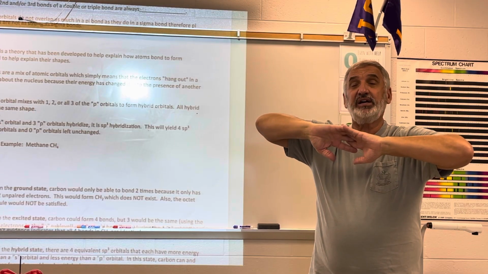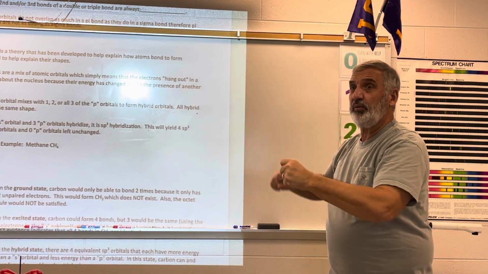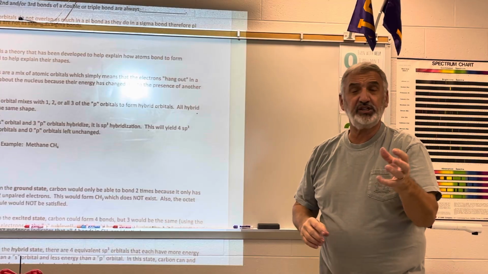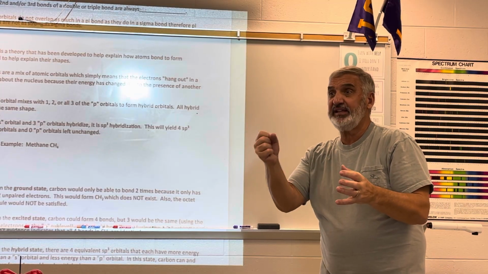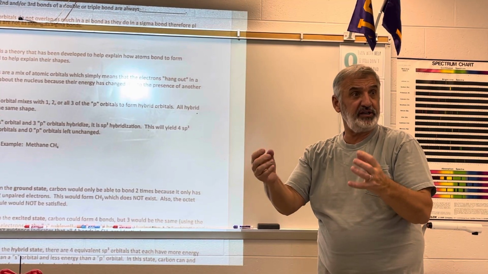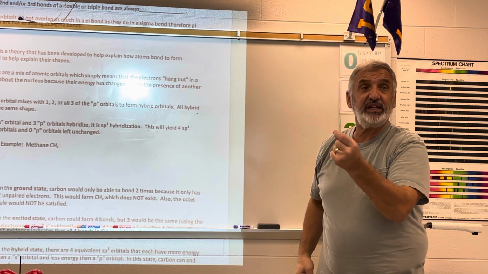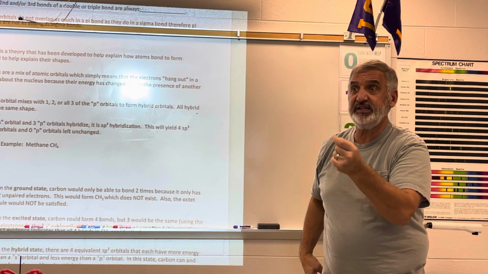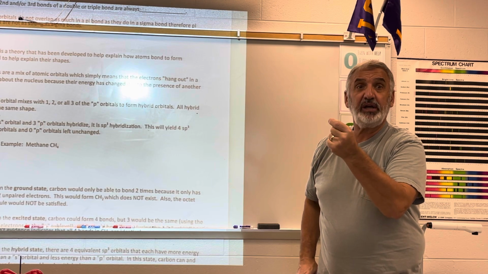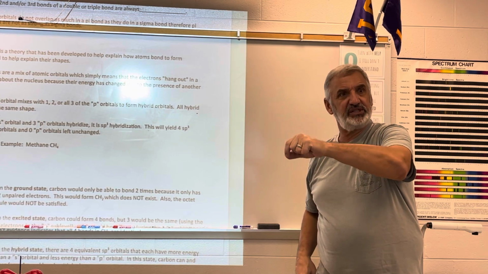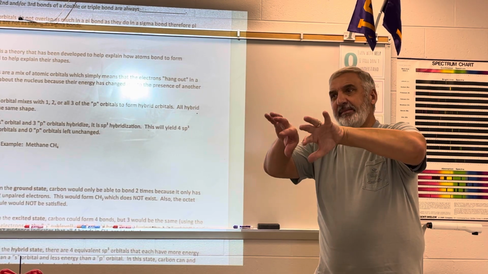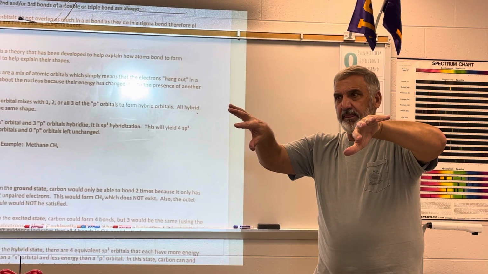So we're going to kind of talk about two things at once. We're going to talk about hybridization and then the VSEPR, the valence shell electron pair repulsion theory, simultaneously, because they go hand in hand. The valence shell electron pair repulsion theory says that electron pairs repel themselves and they get the maximum distance apart.